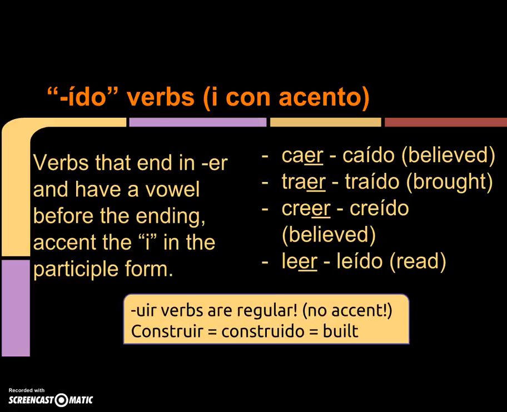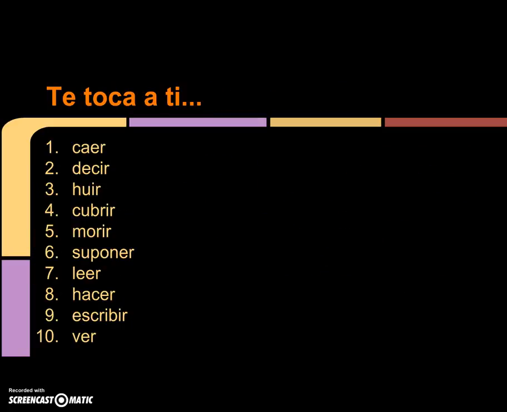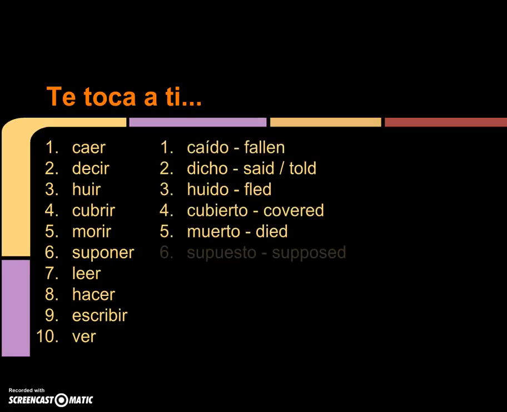They do have a vowel before IR, but it doesn't have an accent mark. Those are just regular. One you should add here too is the verb oír. I can't believe I forgot that. Oír, to hear. Oído has an accent mark. It means heard. Okay, so pause and try to do these on your own. Okay, so let's come back and check your answers.